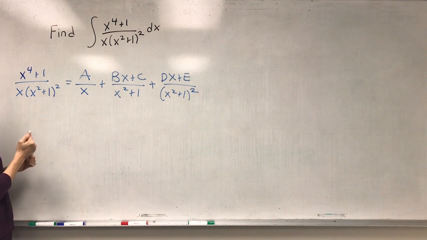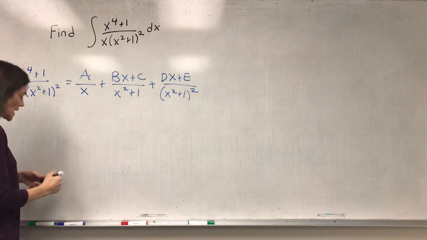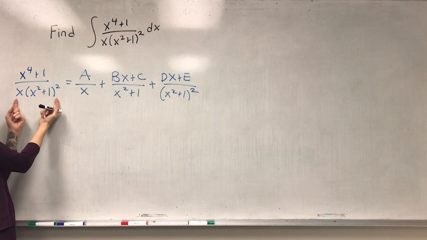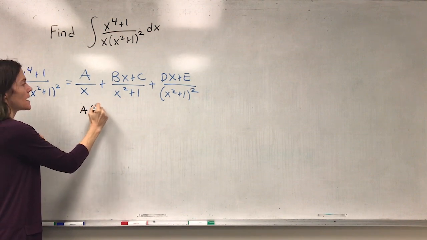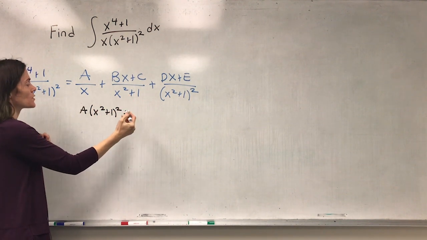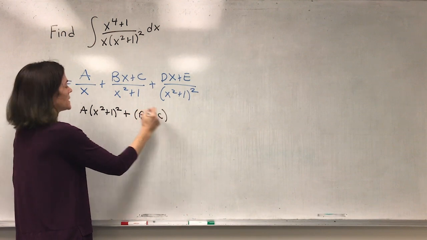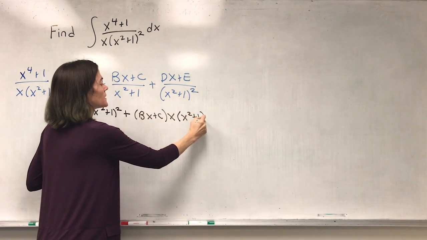So what I want to do here, as we do with partial fractions, is we get a common denominator and add. In this case, the common denominator is here. This term will be an A times (x squared plus 1) squared. Now this term, we have Bx plus C. We need 1 x and 1 (x squared plus 1).